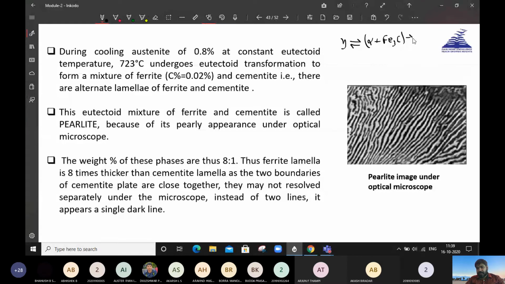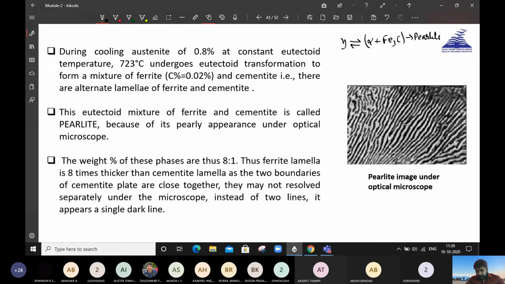You already know these things. When you are going to see this perlite under microscope, you are going to find this image. This is the microstructure of perlite as seen under an optical microscope.